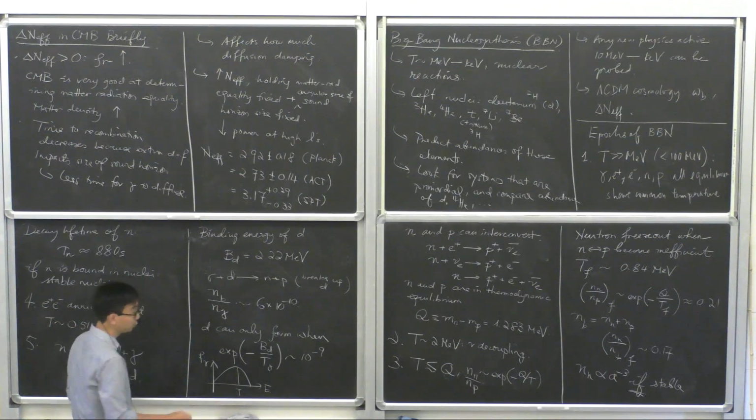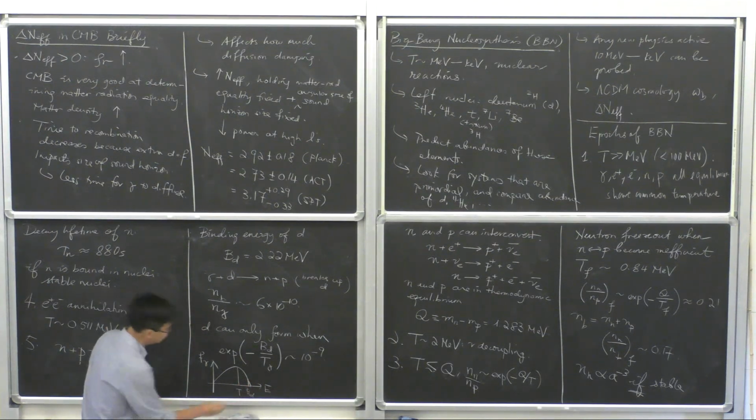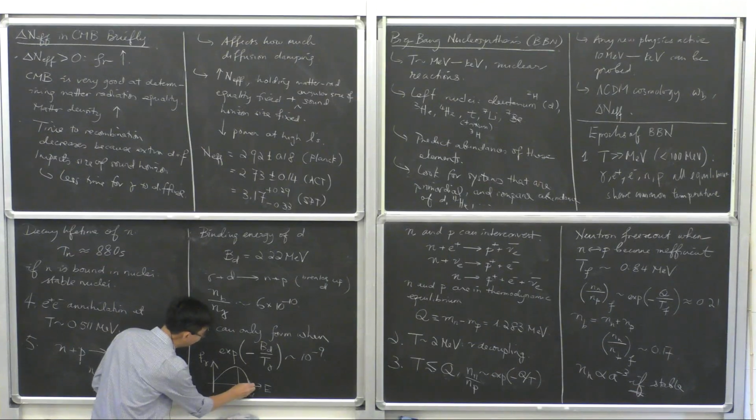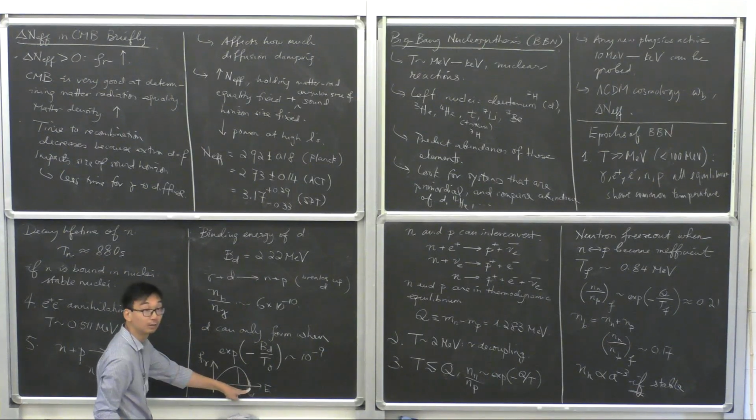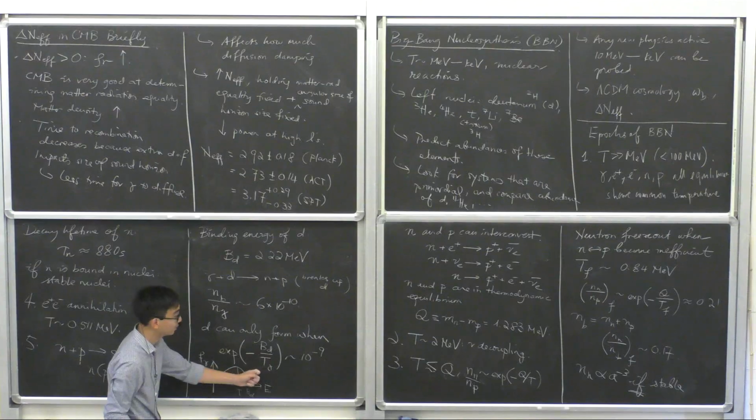I need to make sure that the binding energy is at some point BD such that the number of photons above the binding energy, which is just this tiny little wedge here, is roughly comparable to that of the baryon density. And this requires an exponential suppression of 10 to the 9.